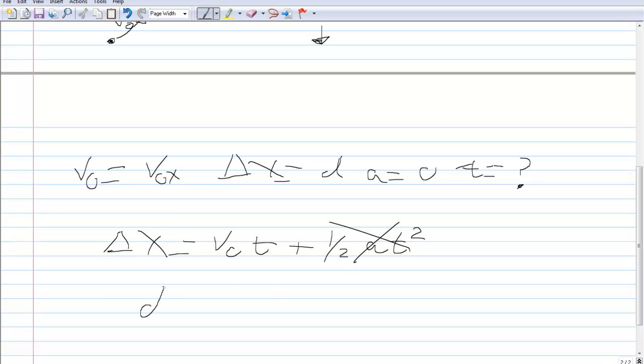We know that delta x is d, so d equals v0 x times time. That means the time it takes for the bullet to get to the tree is equal to d divided by v0 x. So that's going to be our time for the entire problem.